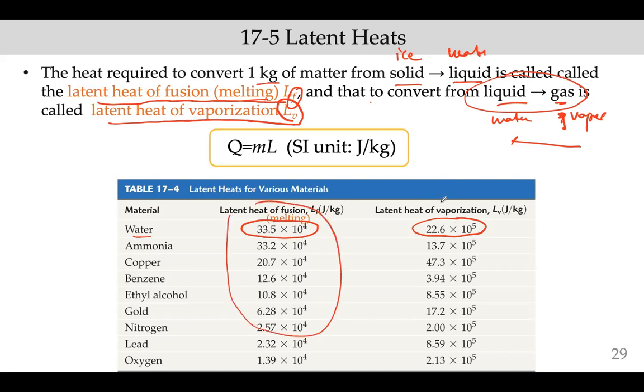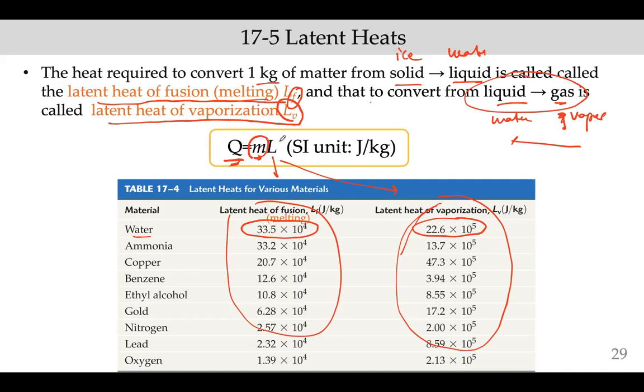If it's vaporization or condensation, like going from gas to liquid, then you would use this column. So you find the value for the material, and you multiply the latent heat L, either this one or this one, by the amount of material, and you will find the heat that's required to change the phase.